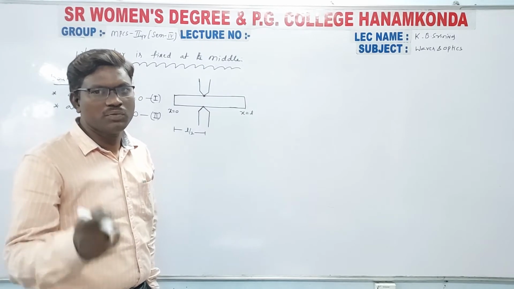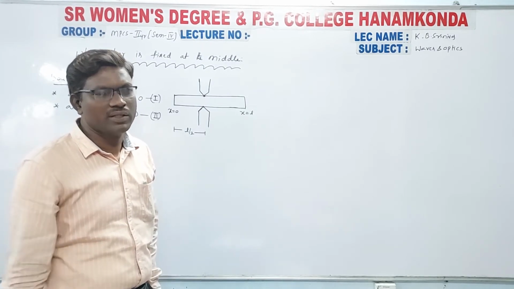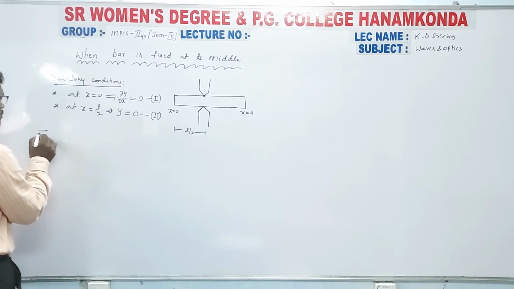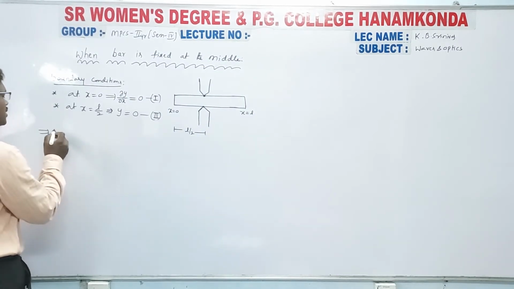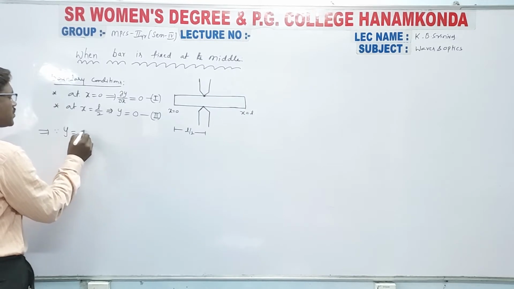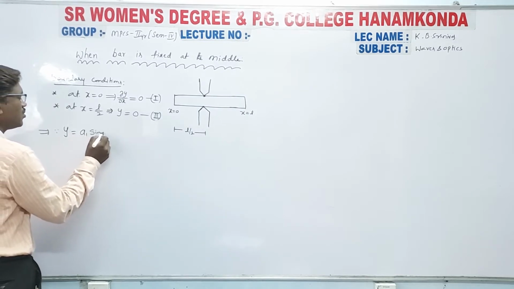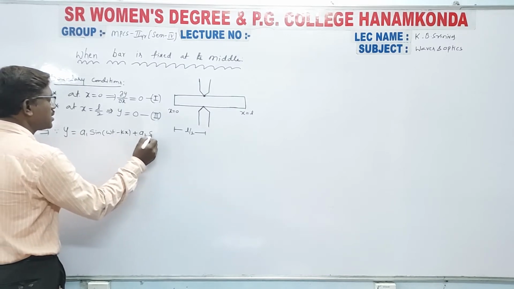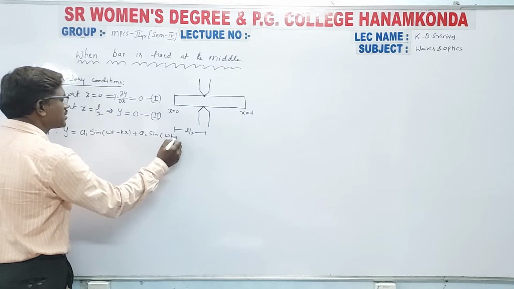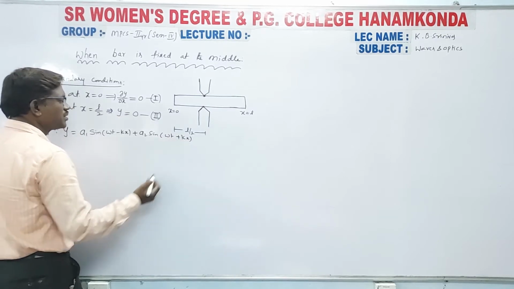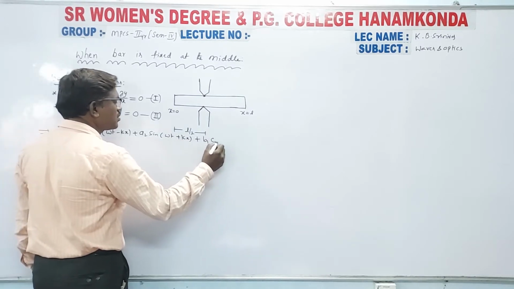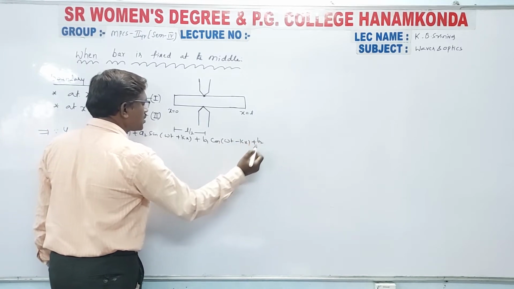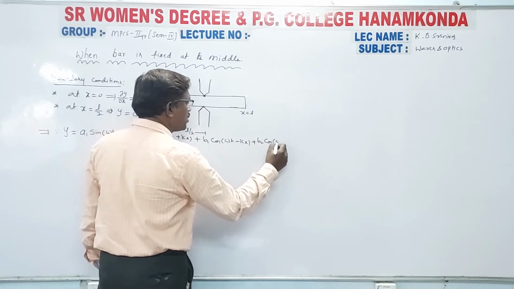We have to use these two boundary conditions to calculate the frequencies of the bar. Before that, we have to consider the displacement of the bar. That is, y equal to a1 sin(omega t minus kx) plus a2 sin(omega t plus kx) plus b1 cos(omega t minus kx) plus b2 cos(omega t plus kx).